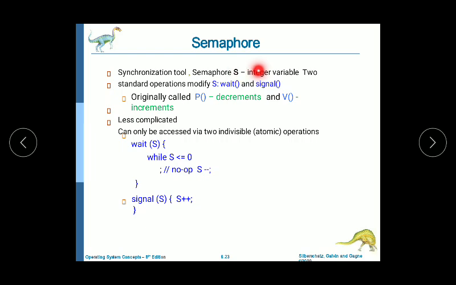A semaphore is an integer variable that, apart from initialization, is accessed only through standard atomic operations, wait and signal. The wait operation is called P, which is for decrementation, and the signal operation is called V, which is incrementation. That is, we will consider this semaphore integer value as the resource count.